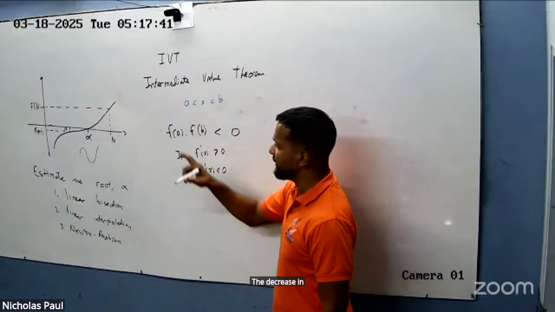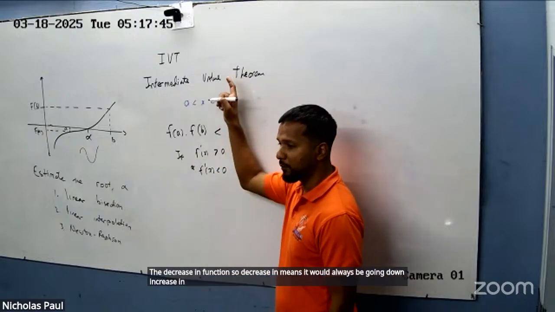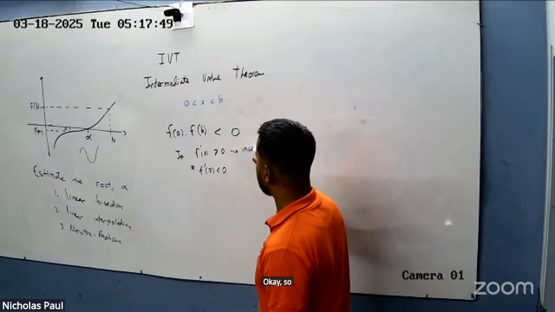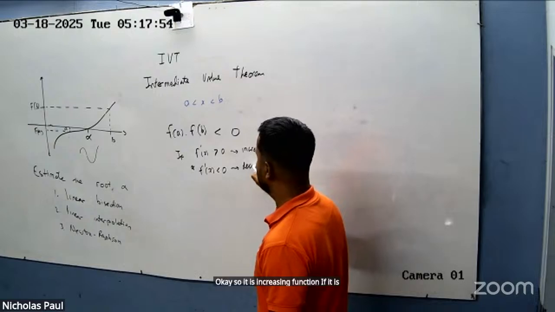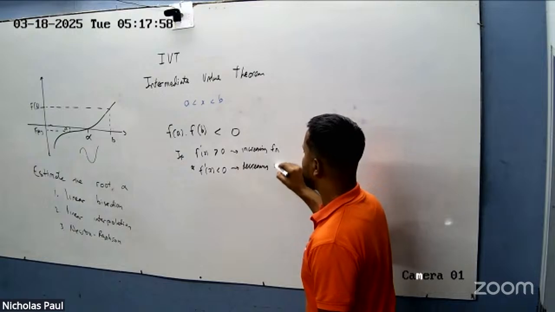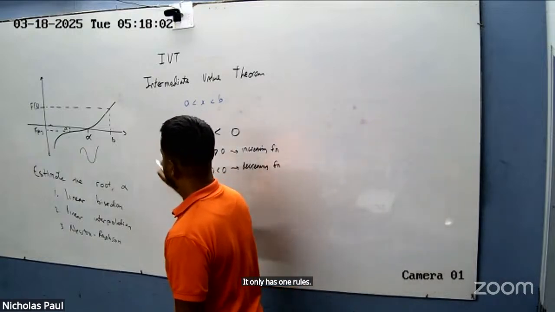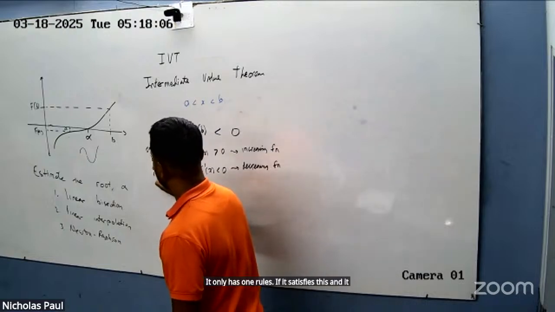Decreasing means it will always be going down. Increasing means it will always be going up. So if it is an increasing function, or if it is a decreasing function, it only has one root.